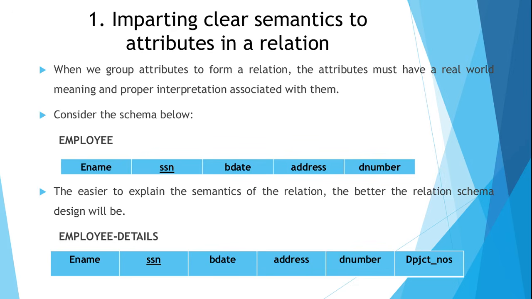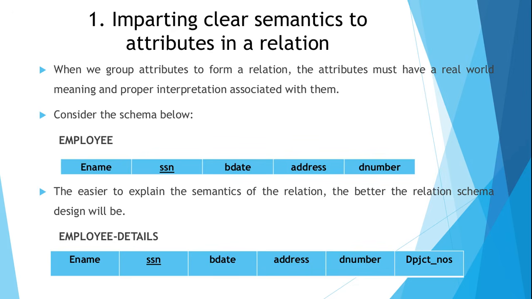First one is imparting clear semantics to attributes in a relation. We know that when we group attributes to form a relation, the attributes must have a real world meaning and a proper interpretation associated with them.